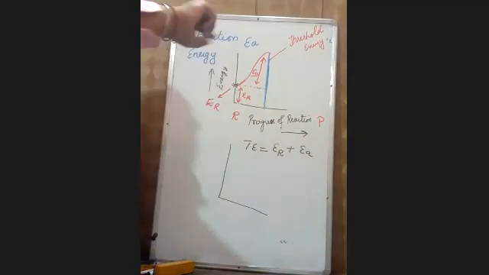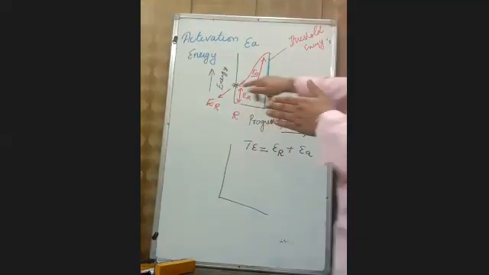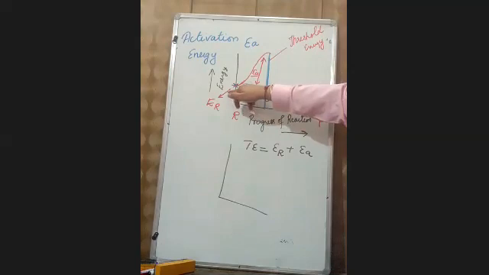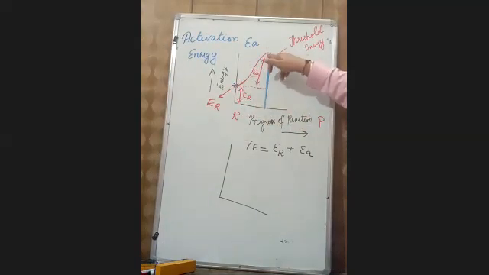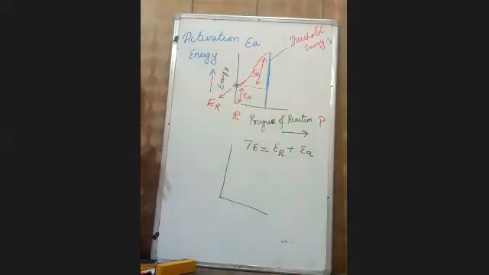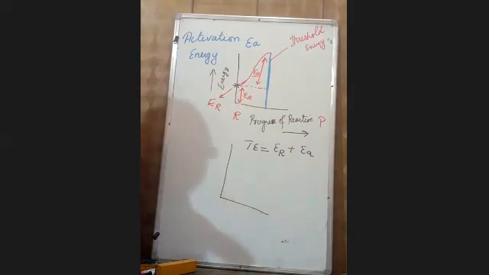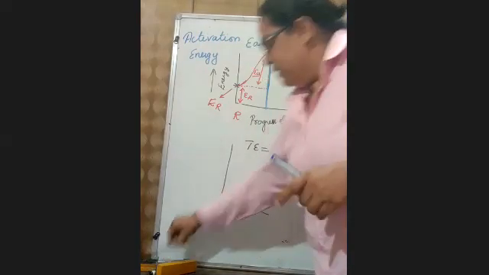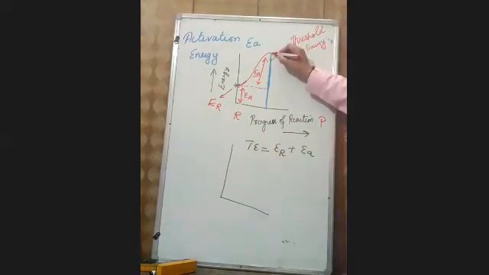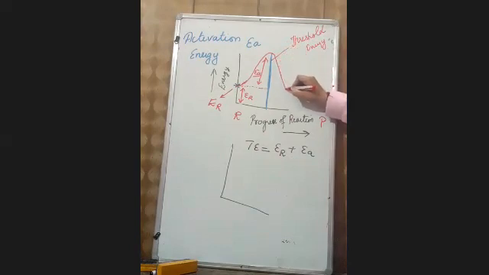And in the starting, the bonds of reactant will break. Fine. They go upside, and now the bond formation starts. So the energy will be released. There are two cases. Suppose the reactant molecules start converting into product, and it comes out to be this.